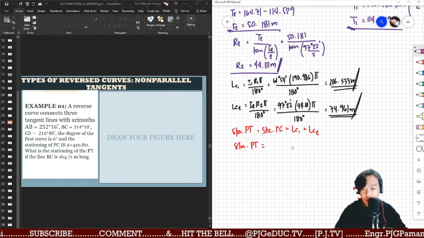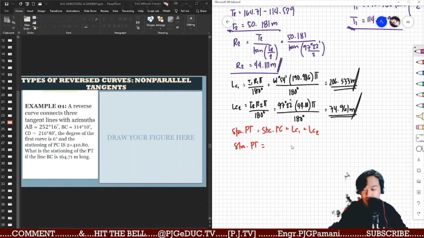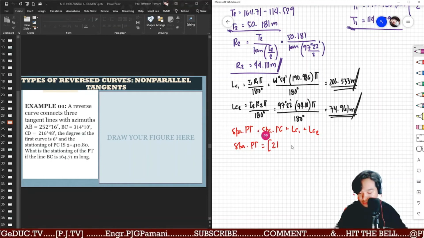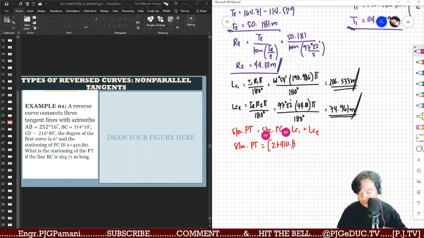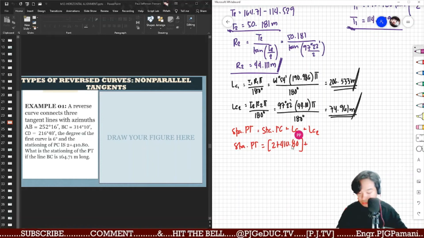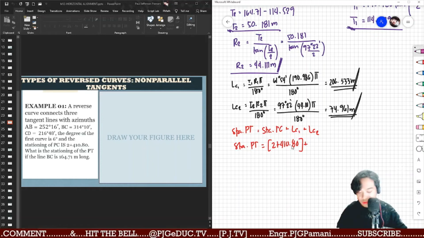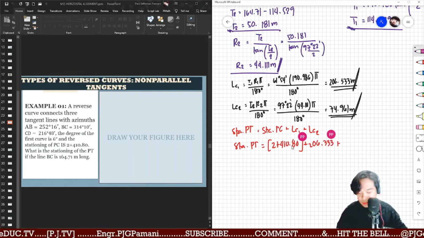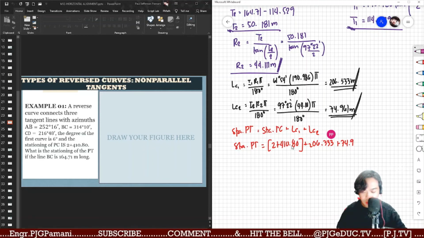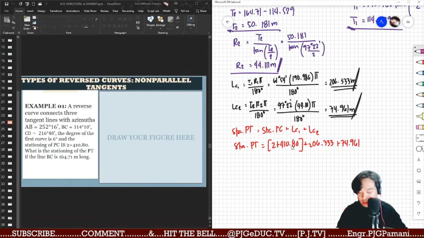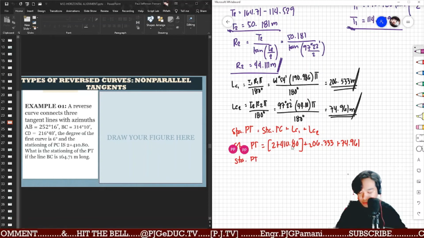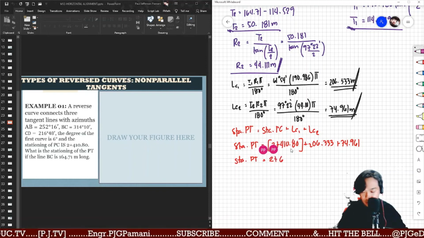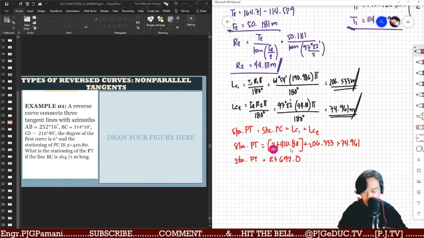That is 2 of 410.80, plus length of the first arch, 206.333, plus 74.961. Okay? The stationing of the point of tangency is now equal to 2 of 692.094.